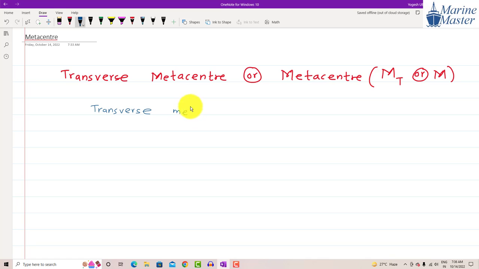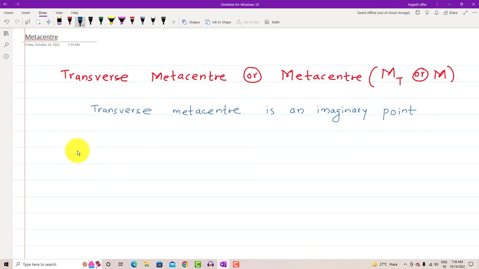It is an imaginary point about which rolling of the ship can be considered.